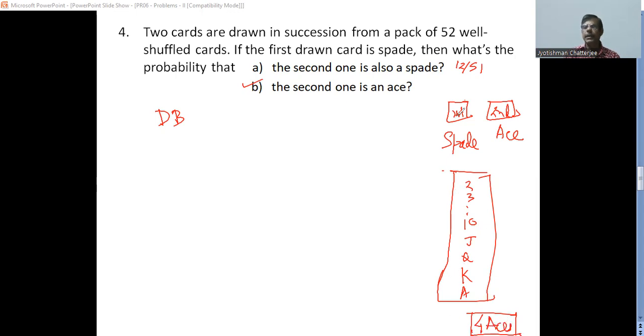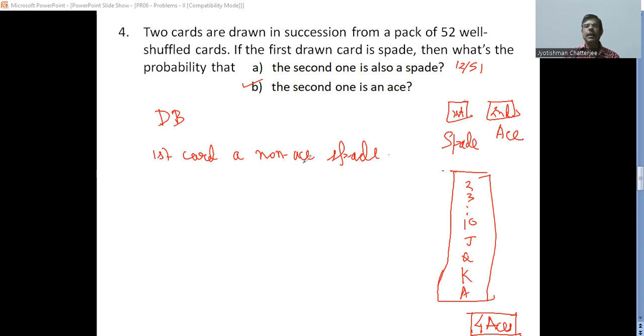Now, for the first position, let me write it down in 2 separate cases. That's one possibility: the first card may be a non-S spade.